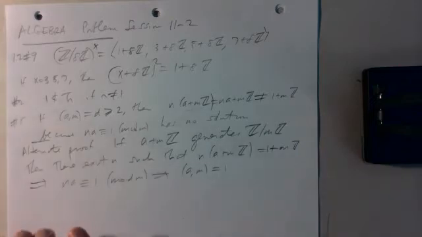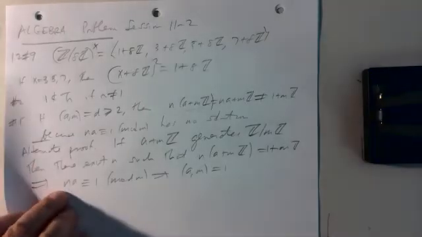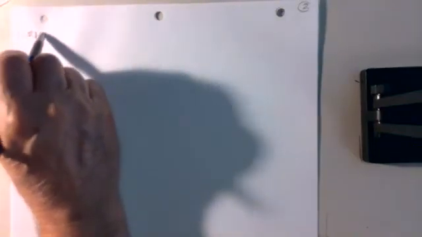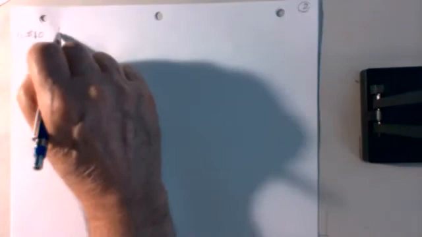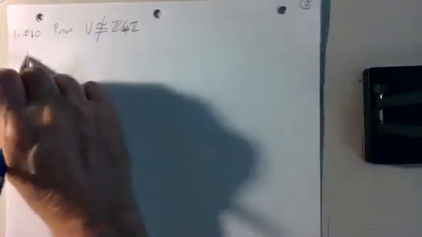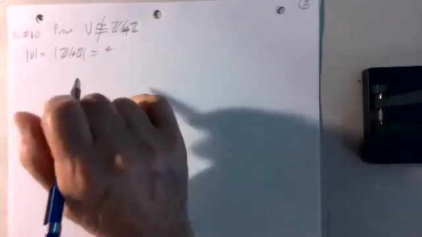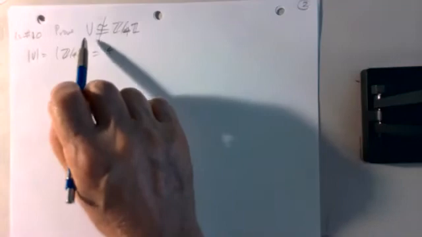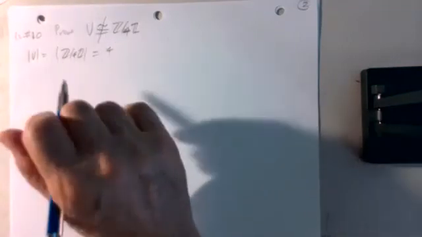Okay, well, that's a good question. Let's see. This is in section 1.2, number 10, to prove that the Klein 4 group V is not isomorphic to the integers modulo 4. Of course we know that each of these groups has 4 elements, so there certainly are many one-to-one and onto functions from one to the other.